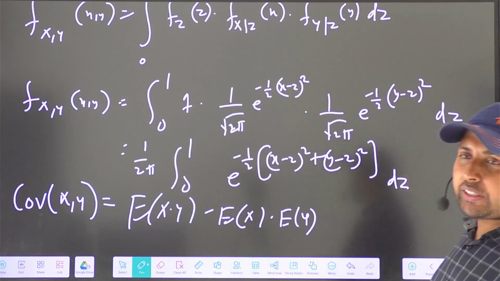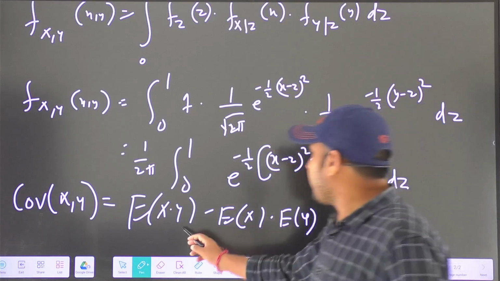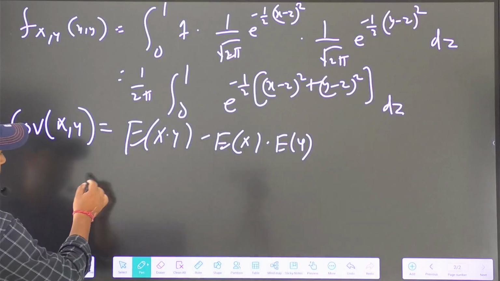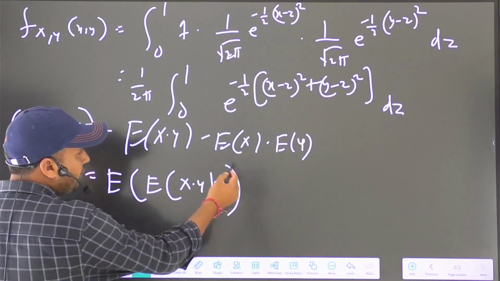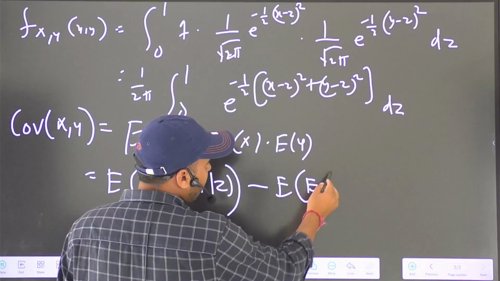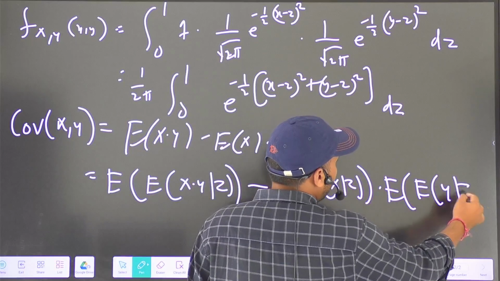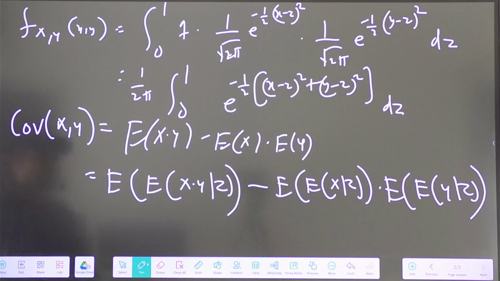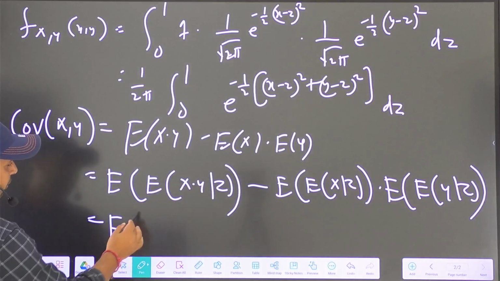If you write it given z, what will happen? Can we write this as a double expectation of xy given z, and here E of x given z, here E of y given z? Now since x given z and y given z are independent, that will be separated.